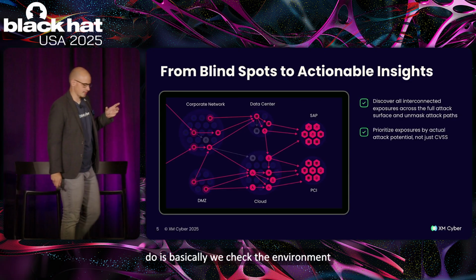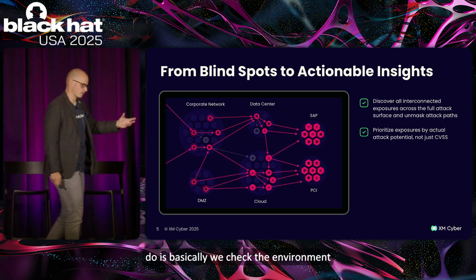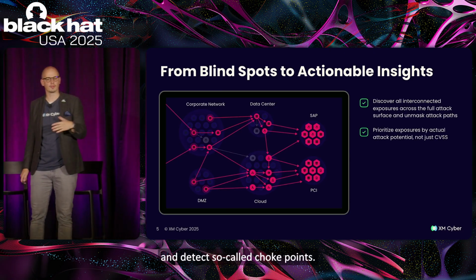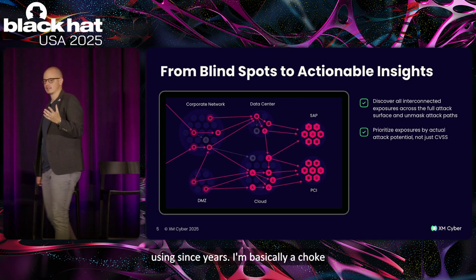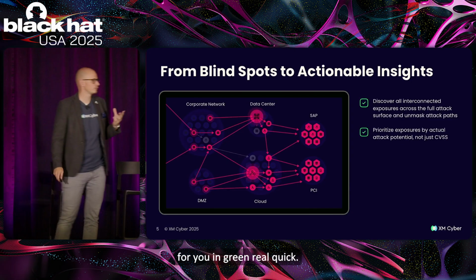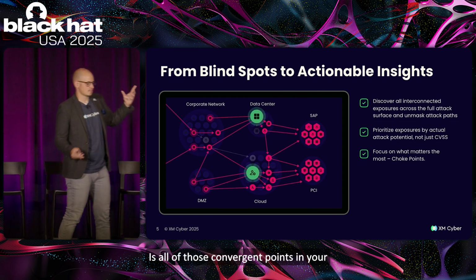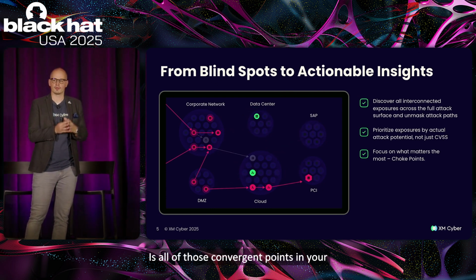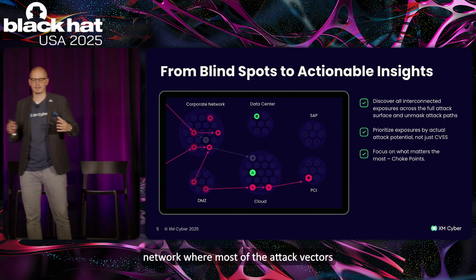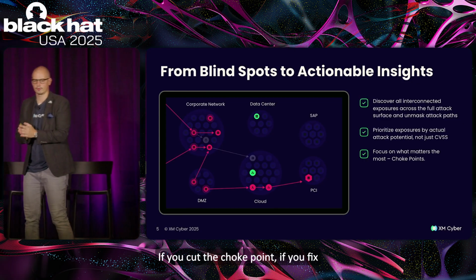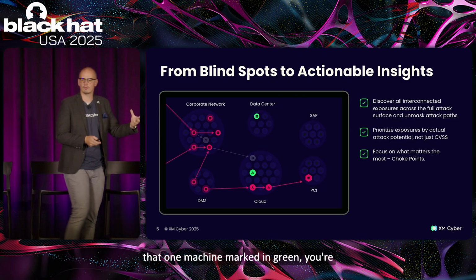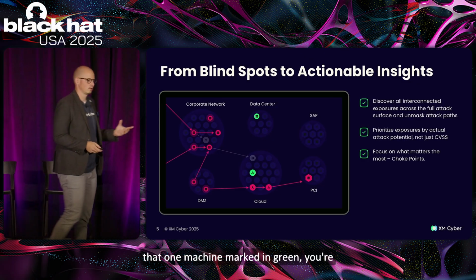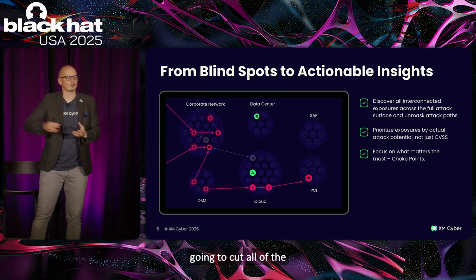We then go a step further. What we then do is basically, we check the environment and detect so-called choke points. Choke points is a term that we've been using since years. And basically a choke point, I'm going to mark them for you in green real quick, is all of those convergent points in your network where most of the attack vectors and the attack paths go through. If you cut the choke point, if you fix that one machine marked in green, you're going to cut all of the different attack paths.